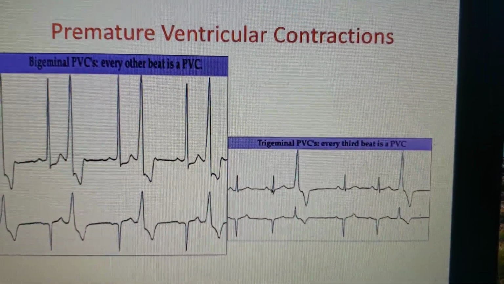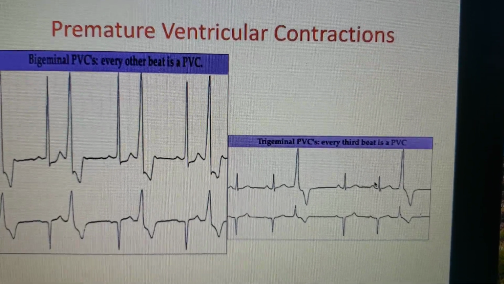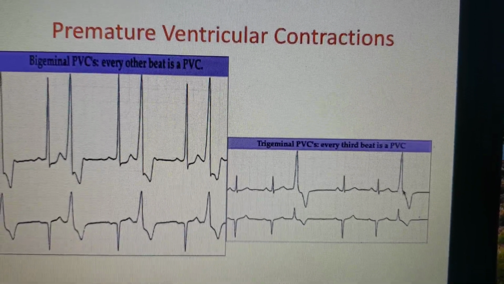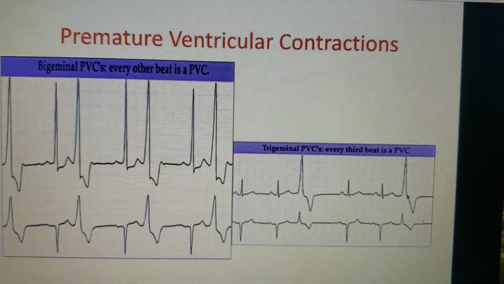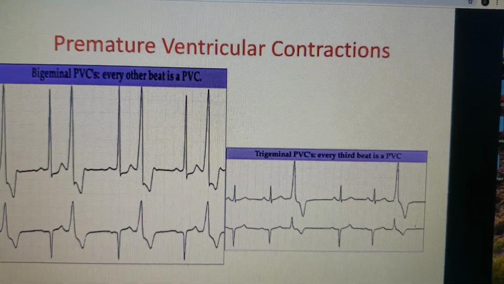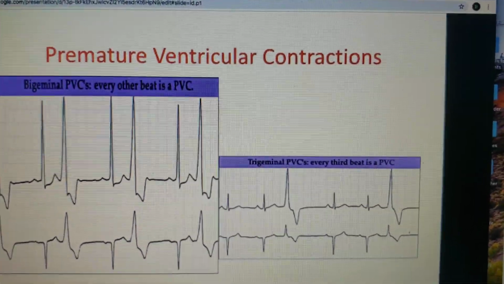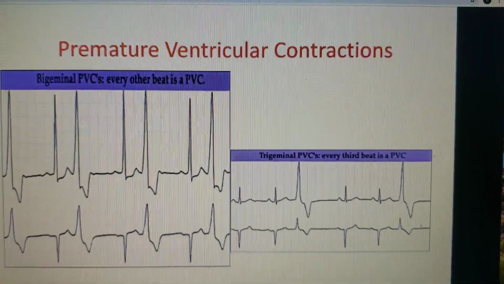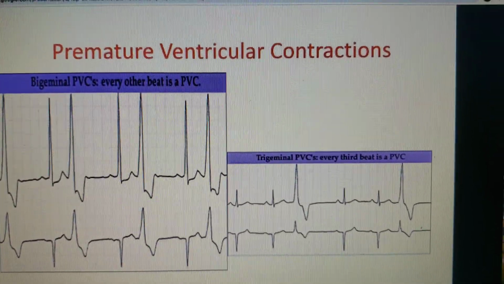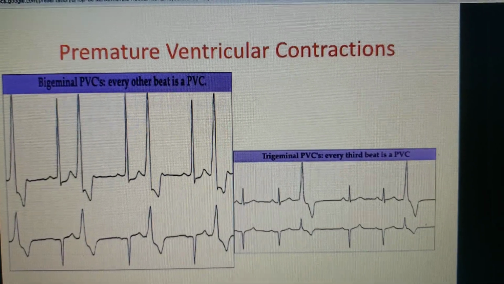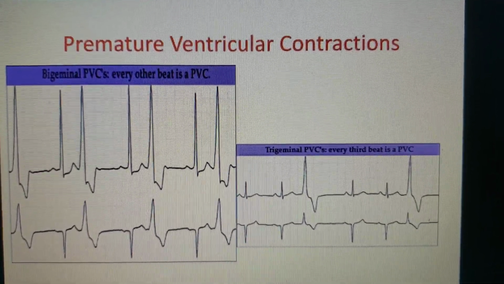So regular, regular, PVC, regular, regular, PVC, and it's consistent that way. Okay, so you have bigeminal and trigeminal. Okay, so you have unifocal coming from one area, happens every once in a while, it's singled out. Okay, then you have bigeminal every other beat, trigeminal every third beat.